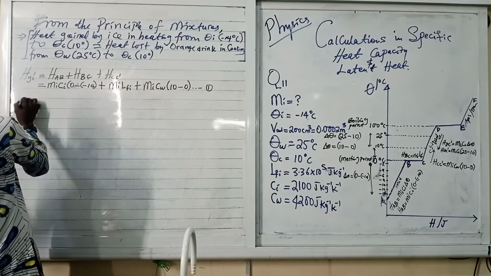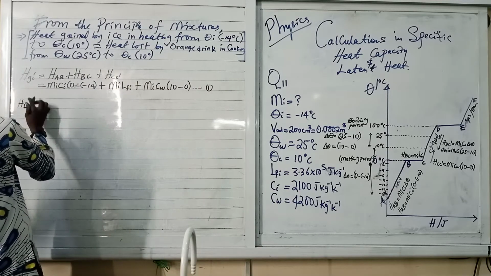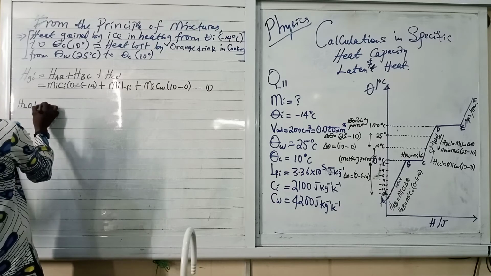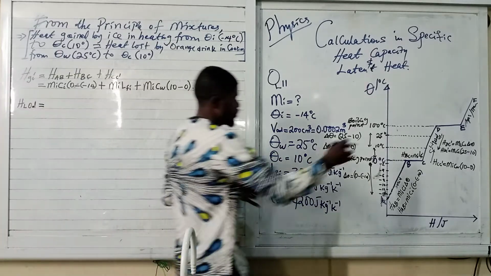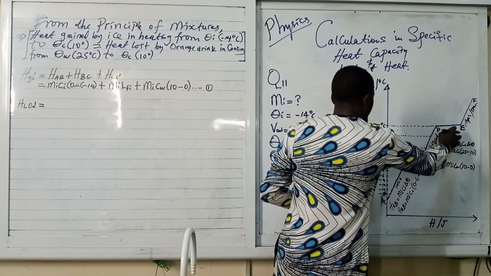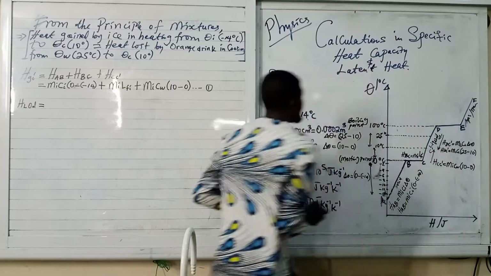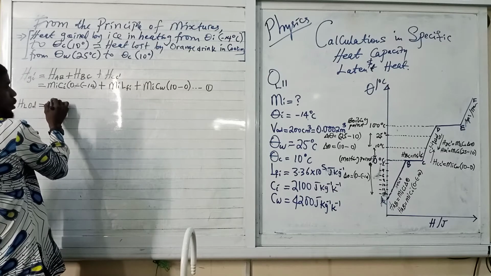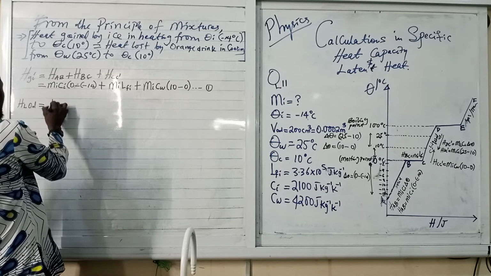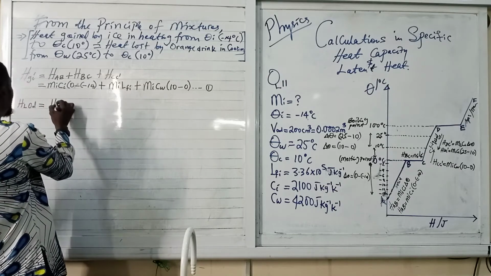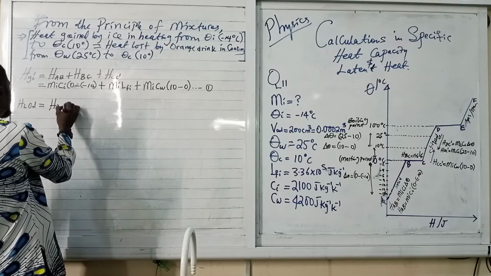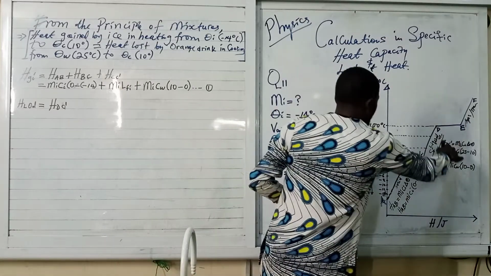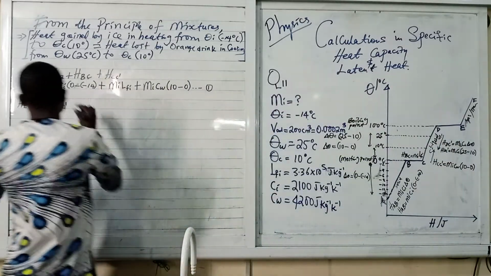Now let's write heat loss. Heat loss by orange drink, HLOD, is given as just this portion from D prime to C prime. It's given as HDC prime, the heat loss by the orange drink.